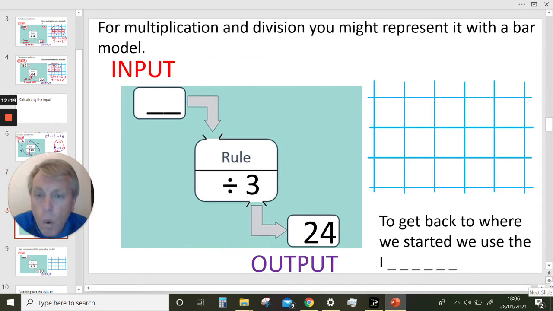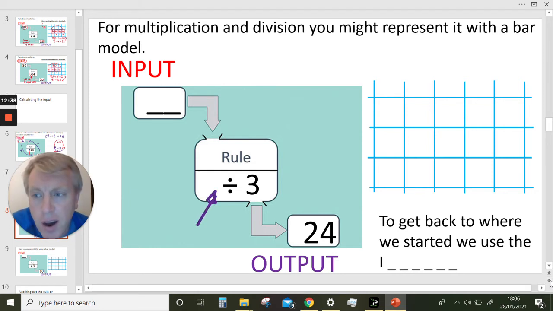Okay. Ooh. We've got a multiplication and division one here. So the number divided by 3 gives us 24. Well, remember, what does dividing mean?